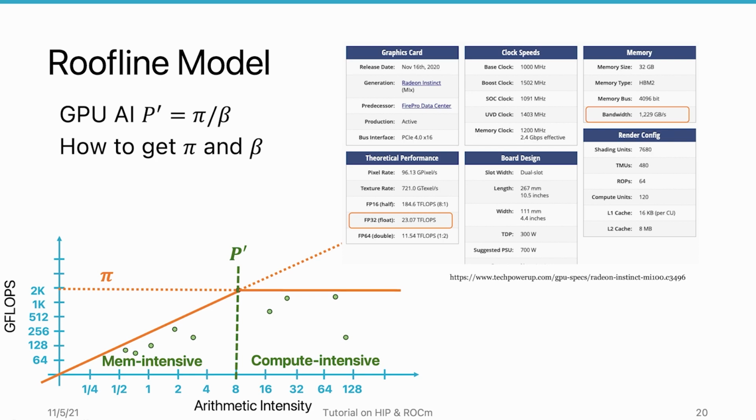In our example code, we provide a script that can draw this roofline model for you, which takes the ROC profiler output as the input to draw those dots on the graph. Starting from the next video, we're going to introduce some concrete methods to better utilize the memory system and to move the points from the left side towards the right side.